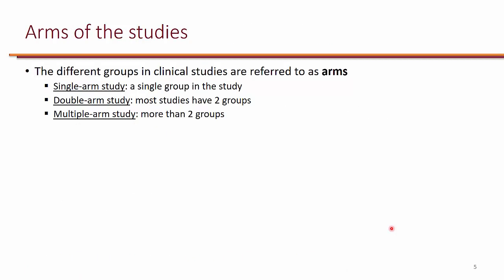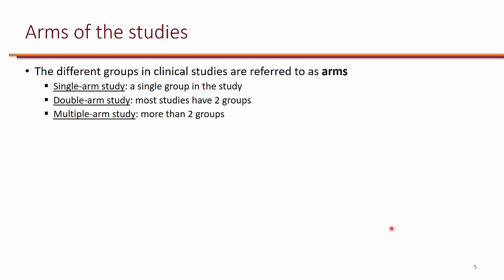An important concept to understand is what we refer to as arms. Studies can either have one group that they look at, so we typically call them a single arm study, but more commonly we will have two groups, so you can actually compare the two groups and see how they do. And we call these double arm or double group studies.